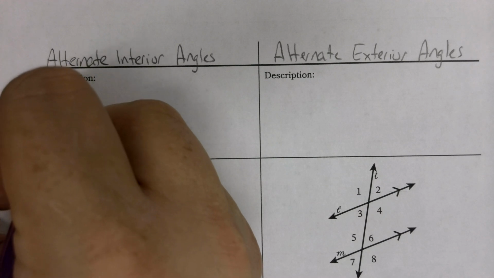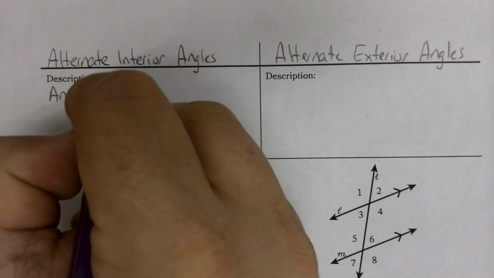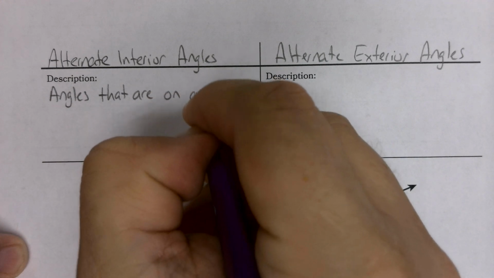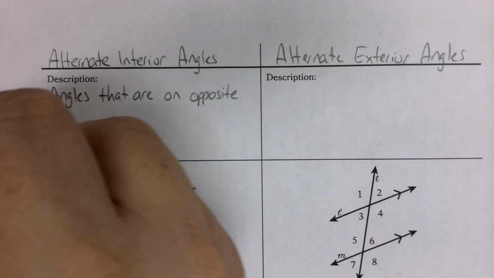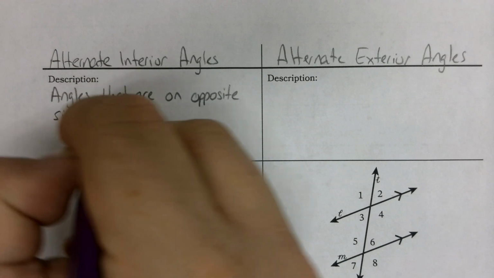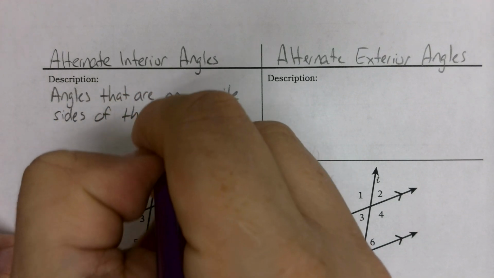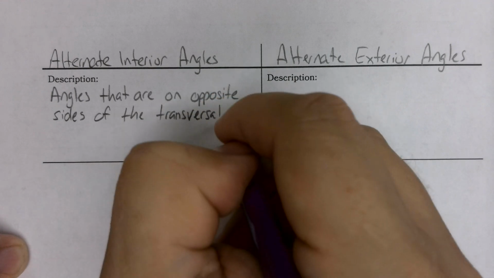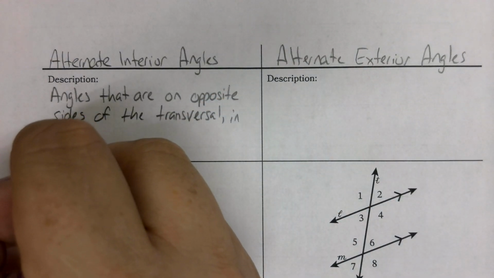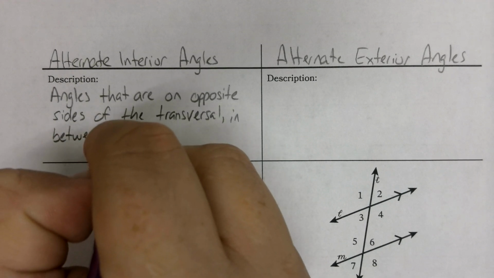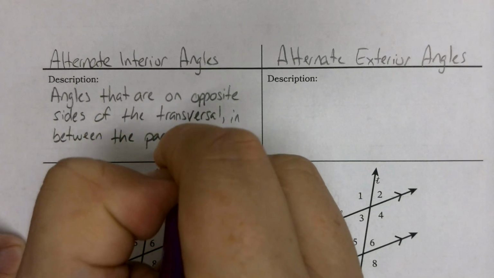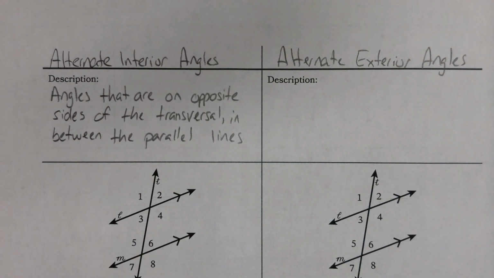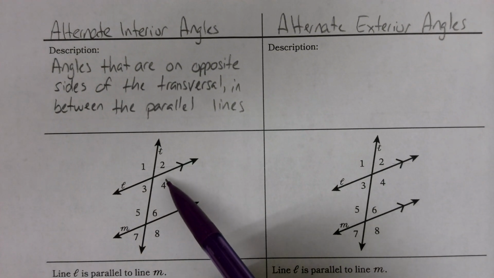Okay, so we have angles that are on opposite sides of the transversal, in between the parallel lines. Okay. Alternate interior angles. They're on the inside of the parallel lines.